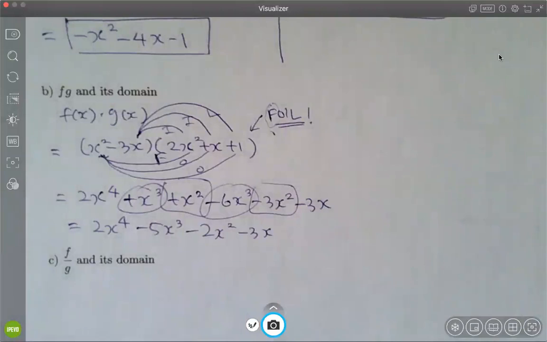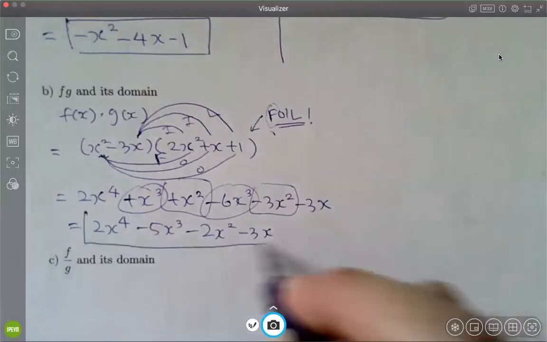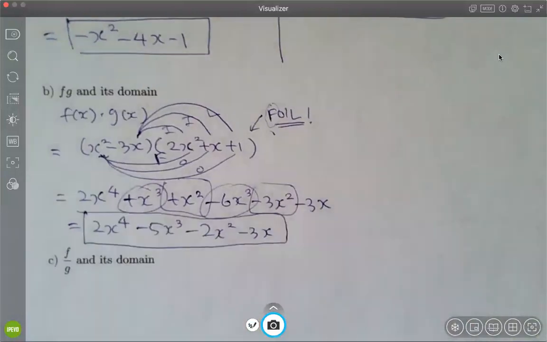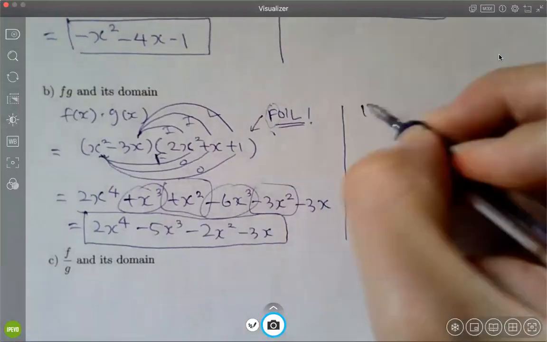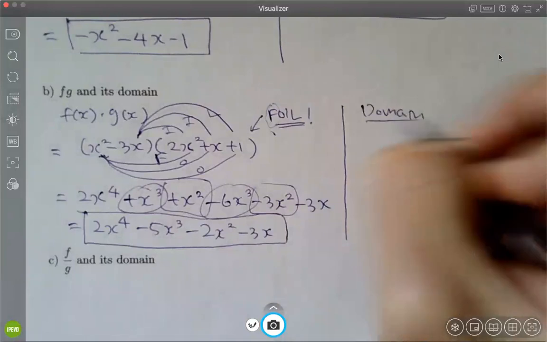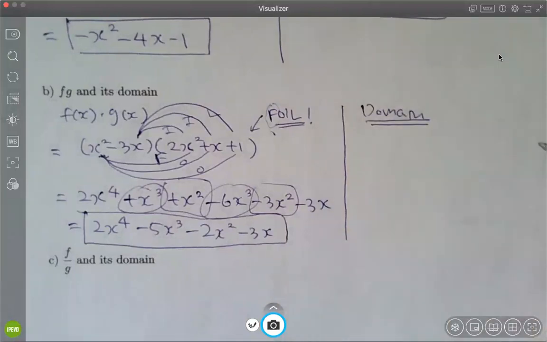Now here, you don't need to take out an x, which is the GCF. There's no factoring here. Okay, so that's it. Now, what is the domain of this ugly looking function? The same as the one before it. Everything, right? Yeah, okay.